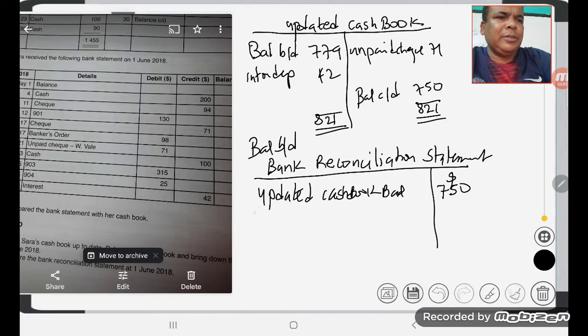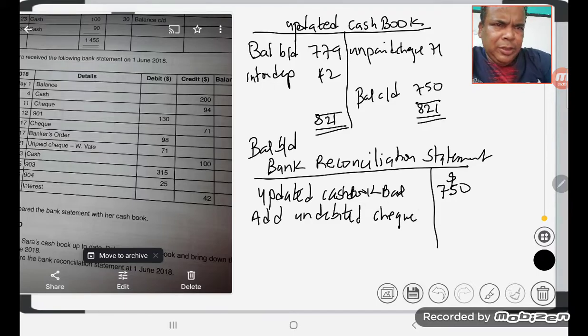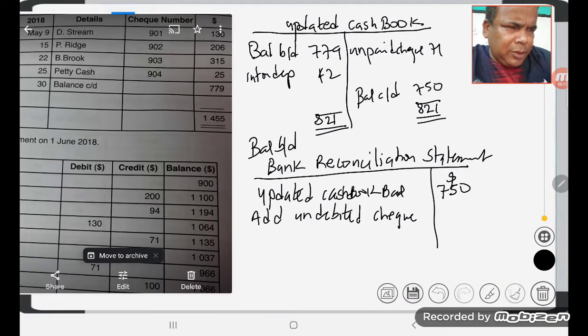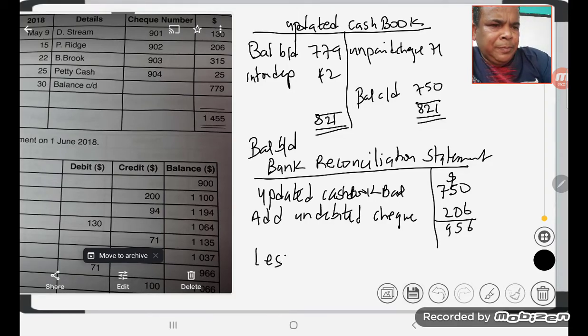Then we have to add undebited check. We have already seen it. Undebited check 206. Then we have to add this one, 956. Then we less uncredited check.